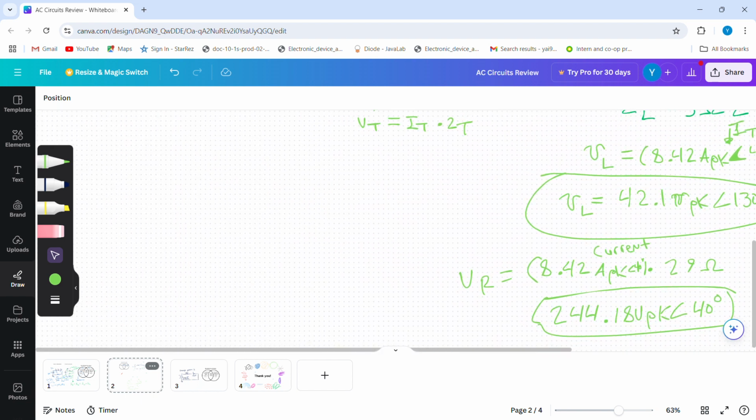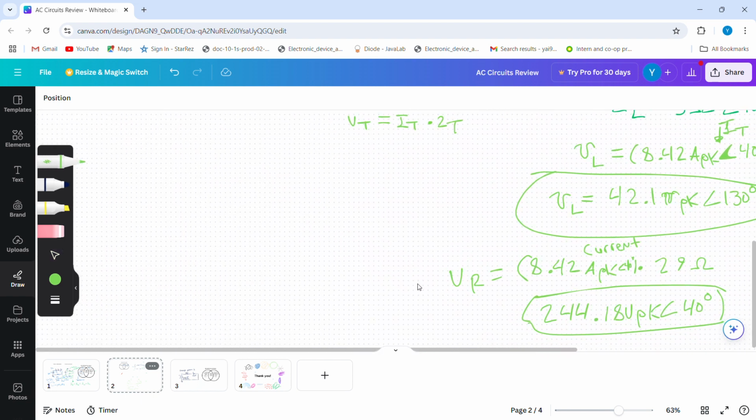For this last calculation, we're just going to do the voltage total, which is going to be the current total times the impedance total. So we're going to have 8.42 amps peak, angle 40 degrees, times the total impedance.